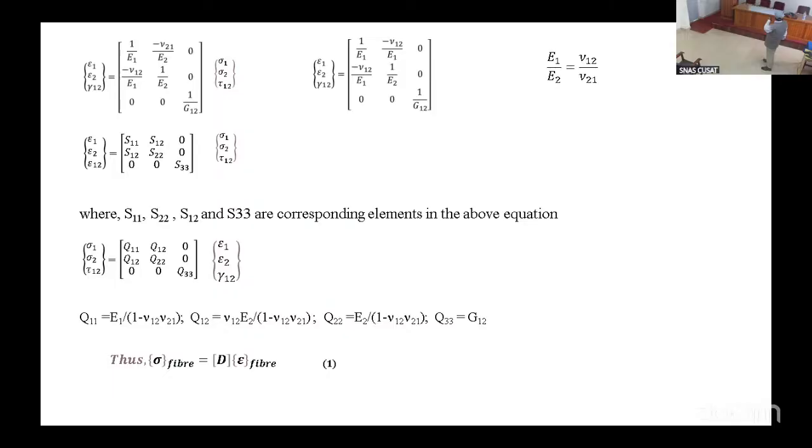Then we have E2 is equal to nu12 by nu2. Using this relationship, you convert E2. E2 is E1 into nu1. You put it here: E2 is equal to nu12 divided by nu1. This comes here, this goes.